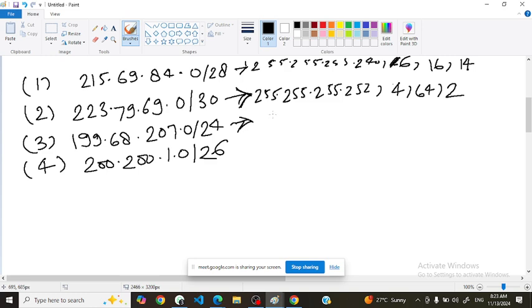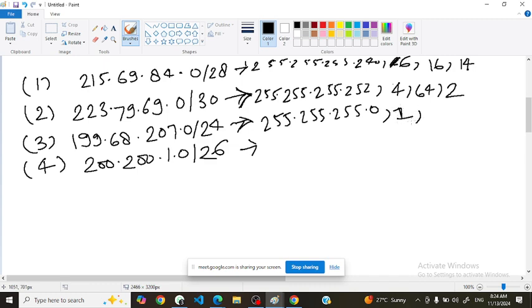What will be the answer for the third one? Abdul, be ready for the last one. Third one, the subnet mask will be 255.255.255.0. Block size will be 1.